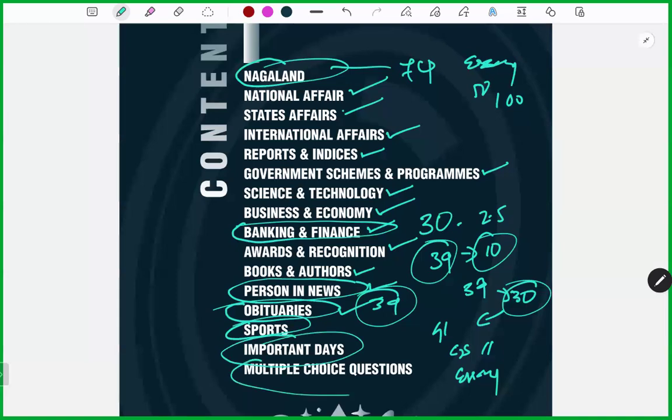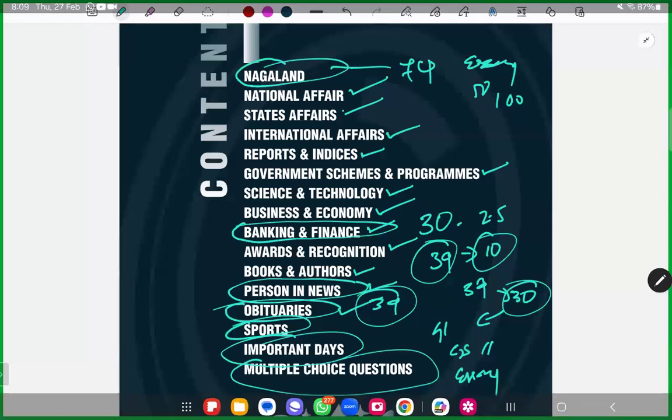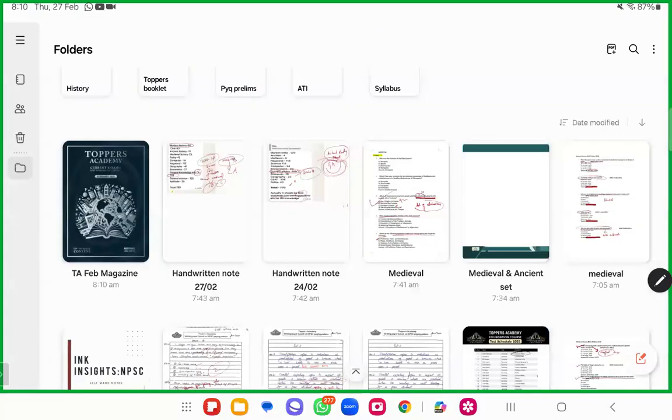All right, and this is followed by MCQ solving. So we will keep solving at least some 10 or 20 questions every day, so that by the time we finish medieval history as well as this year's current affairs, we complete it by next month.